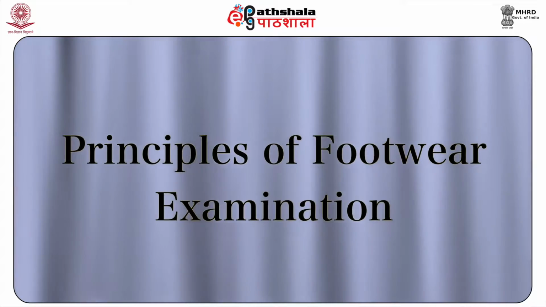Principles of footwear examination. The basic theory behind footwear analysis is that, much like fingerprints, shoes may leave behind prints, referred to as imprints or impressions, that can be examined by the investigator. The type of evidence left behind depends largely on the type of surface that has been traveled on.